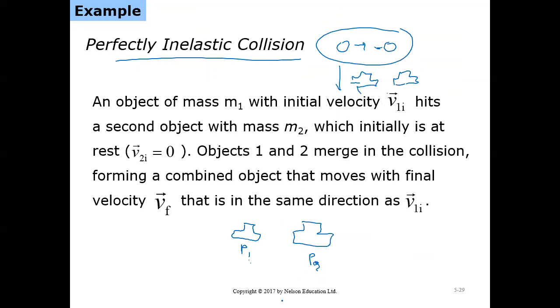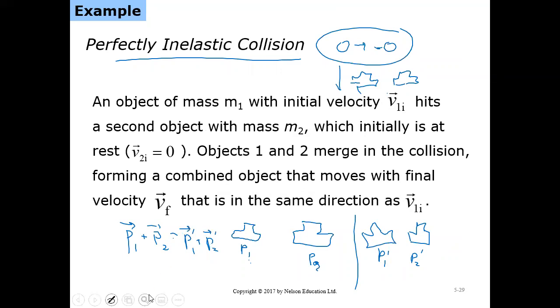Then after collision, this becomes P1 dash and this will become P2 dash. So can I say P1 plus P2, vector, okay, P1 plus P2 is equal to P1 dash plus P2 dash? That means is the total momentum conserved?